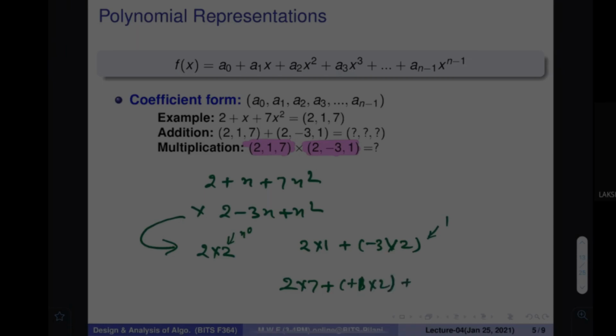It is plus 1 multiplied by minus 3. So this is, am I right? Okay, Siddharth has solved my problem. He has given all these numbers. But actually, what I wanted to tell you is that the multiplication is not straightforward. You have to find out multiple things over here.